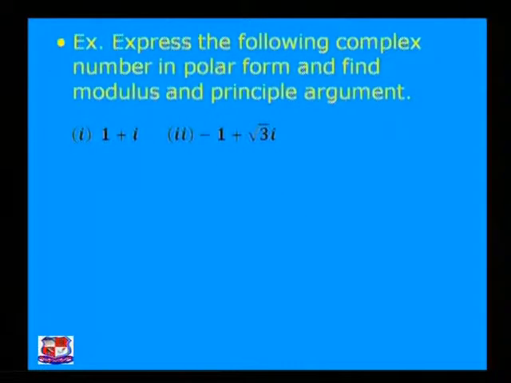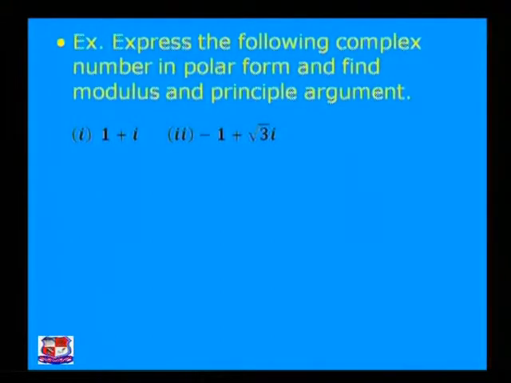So we still haven't discussed any example to find the argument of a complex number. Let us discuss some examples of finding the modulus and argument of a given complex number. Let us look at the first PPT. The question is: express the following complex number in polar form and find the modulus and principal argument.